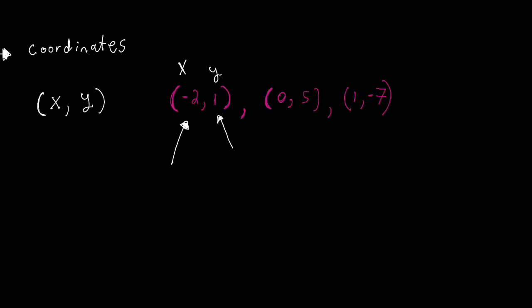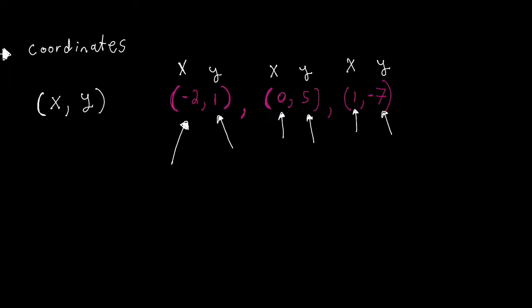If we take a look at the second coordinate, now we have 0 representing our x value and 5 representing our y value. And if we look at the third coordinate, now we have +1 representing our x value, and -7 representing our y value.